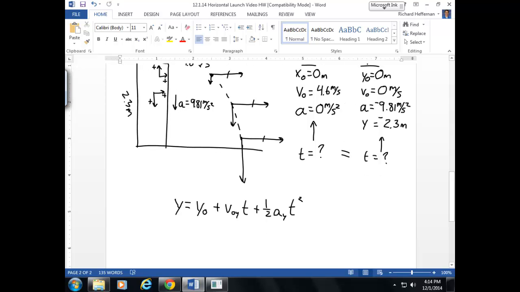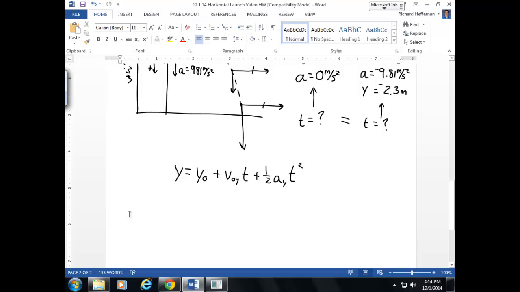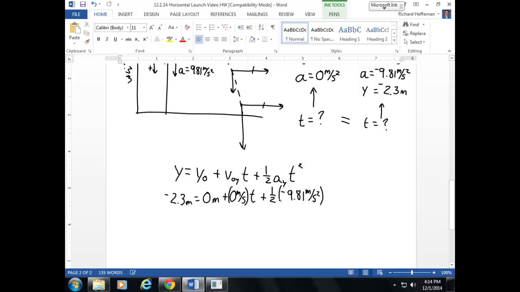We know that our y value is negative 2.3 meters. Our initial y position is 0 meters. We have an initial y velocity of 0 meters per second for a blank number of seconds. Plus 1/2. We know in the y direction there's an acceleration of negative 9.81, or 9.8, depending on if you're doing a Regents problem or an AP problem, times t squared.